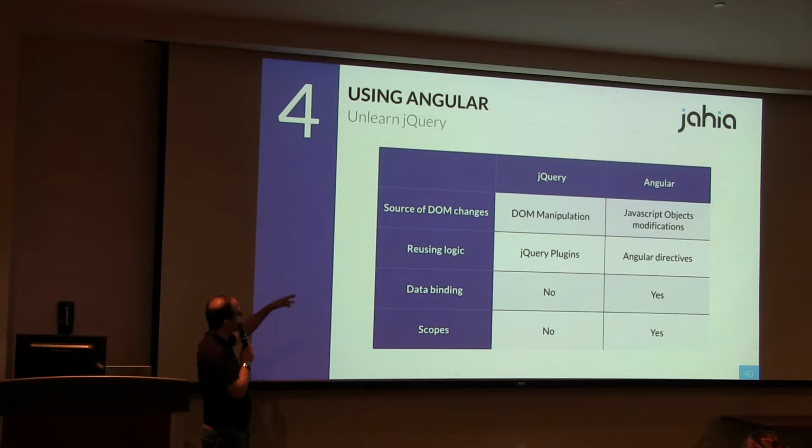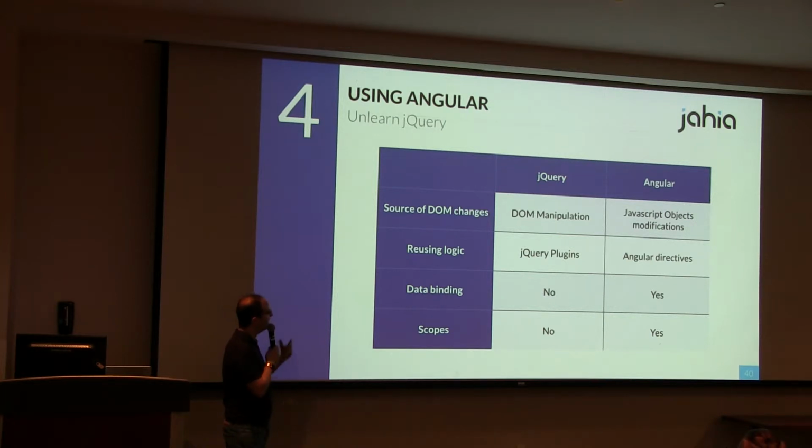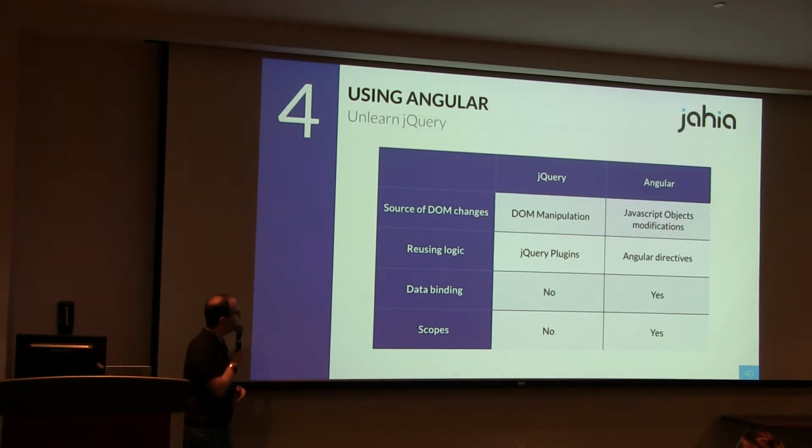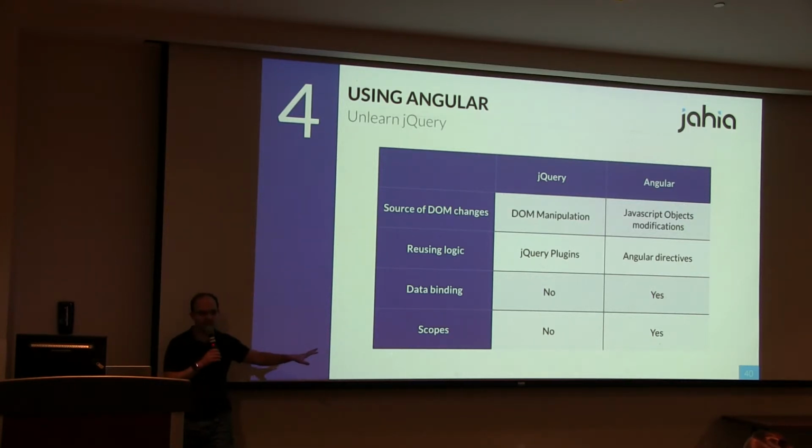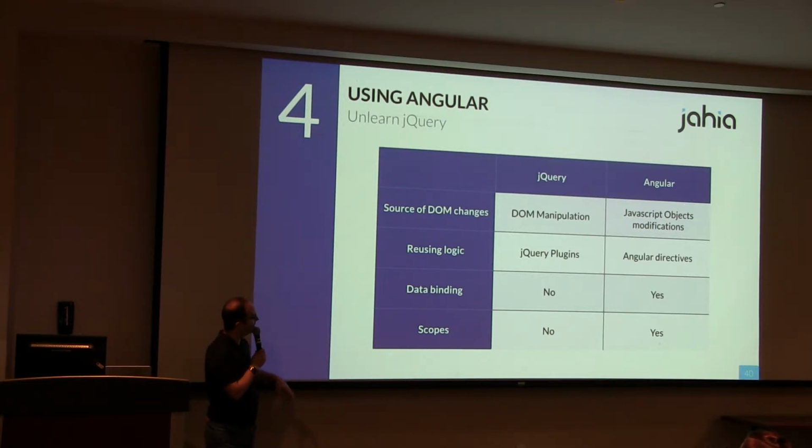Here we go quickly around a few of the important parts. In jQuery you do DOM manipulation. That's how you make changes in the HTML. In Angular, you modify JavaScript objects, and then Angular will magically update your DOM for you. That's sort of the double-edged sword. It's great, but you also have to be careful about performance, though they've been working hard to make sure those things work well.